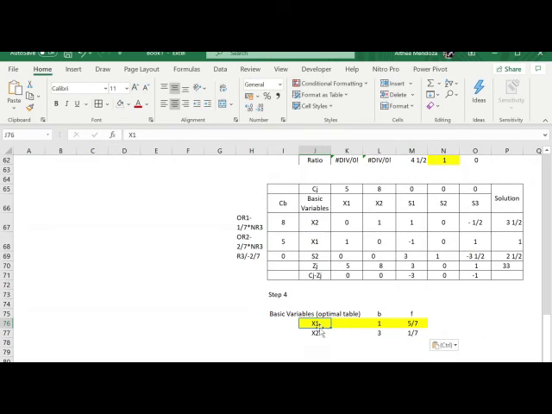Kanina, meron tayong x1, x2, at saka s2, ang ating basic variables. Ang ating values here, si x1 ay wala siyang fractional form. Si x2 meron pa, 3 at saka 1/2.